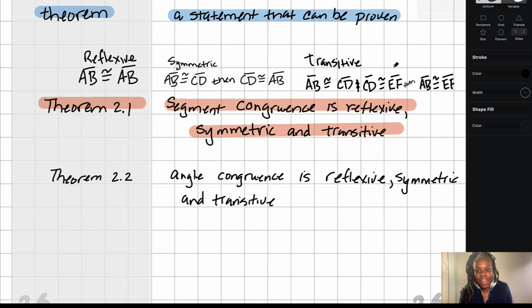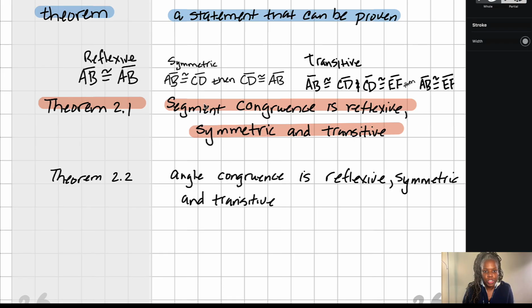Symmetrically, we know that if segment AB is congruent to segment CD, then segment CD is congruent to segment AB, right? That's that symmetry relationship. You can kind of flip-flop those congruences. And then finally, we've got that transitive relationship. If segment AB is congruent to segment CD and CD is congruent to EF, then AB is congruent to EF. It's kind of like the law of syllogism where you've got 3 things that are related and then the 2 end things are related. So that's what we know is true for congruence in segments.